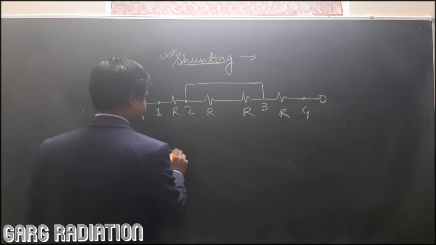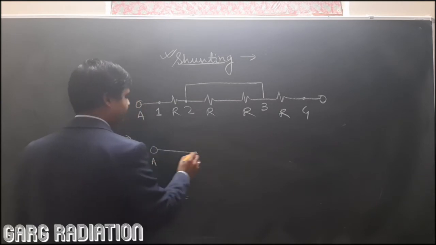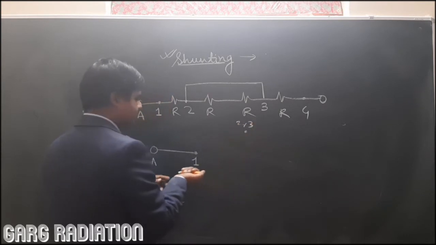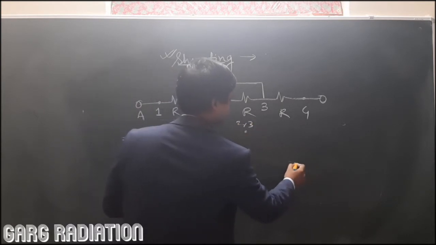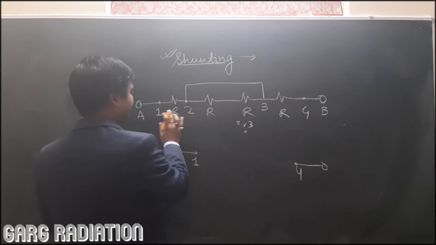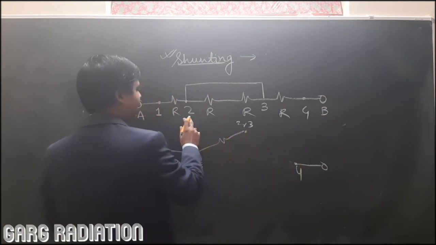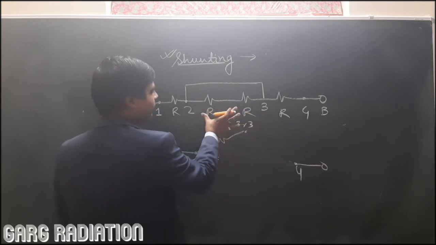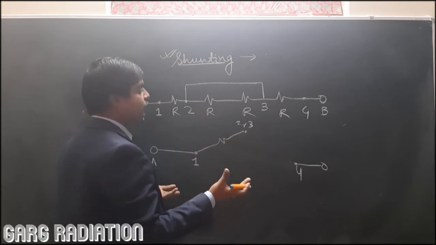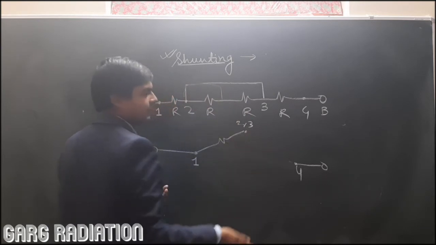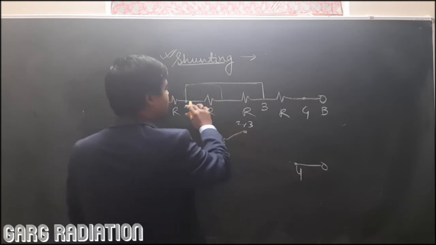Let's try to understand. First, A is connected with 1, and then we have 2 and 3 points which are together, and then we have 4 connected with B. This is B. Now from 1 we have one resistance to 2, and then between 2 and 3 the resistance becomes 0, because there will be no current flowing. 2 and 3 become a single point.